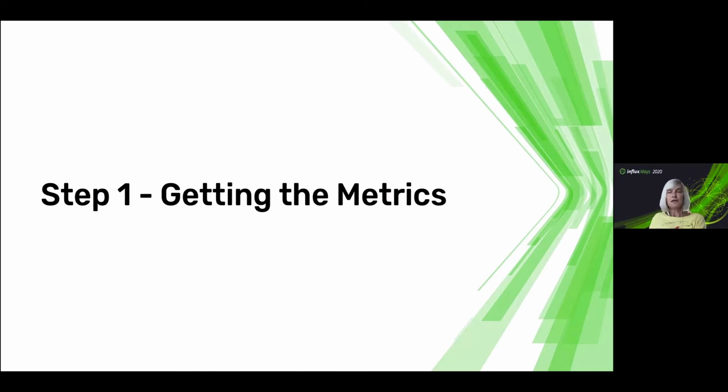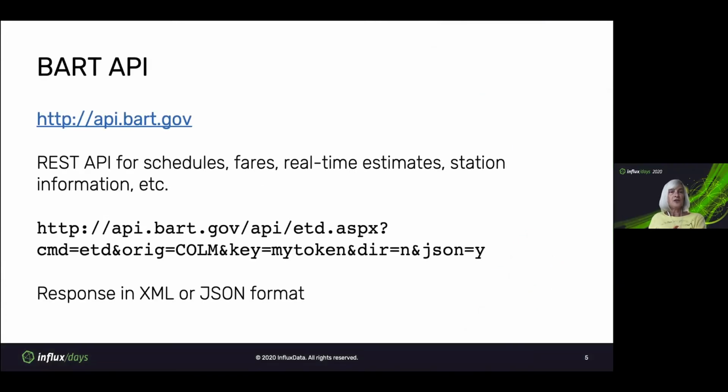Fortunately, BART does have a public API, a REST API, that I was able to use. That REST API gives you a ton of information. That was my biggest challenge, actually, as it gives you an awful lot more than I could possibly have wanted.